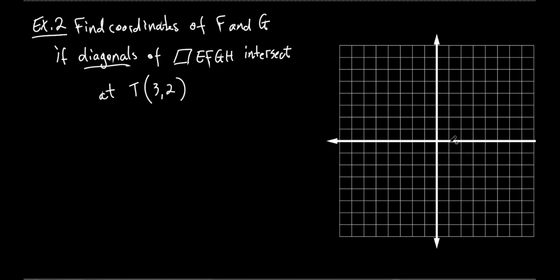Let's just use 1 instead of going over 2 like we did the last one. Let's just go over 1, okay? So this is 3, 2, so it's 1, 2, 3, 1, 2. That's point T. What is point T? Point T is where the what? The diagonals do what? Intersect each other, all right? So the diagonals are going to intersect each other somehow.